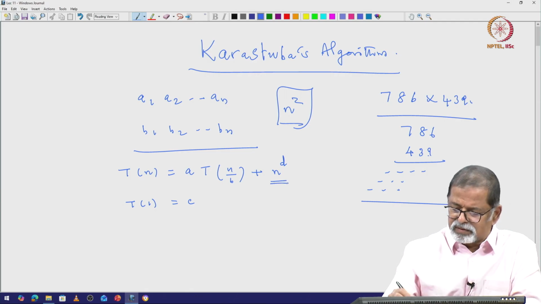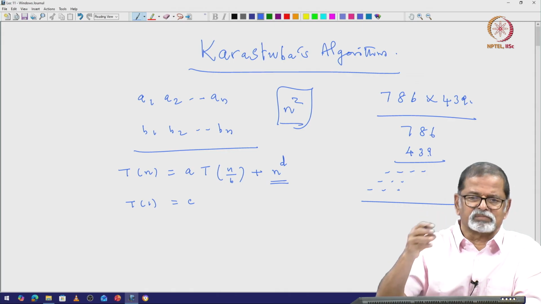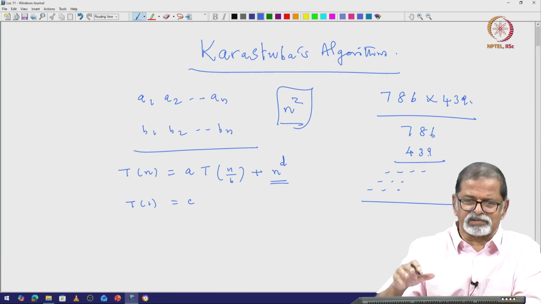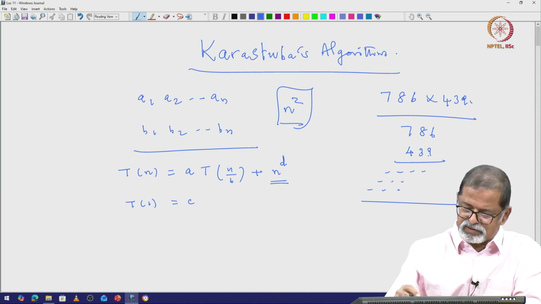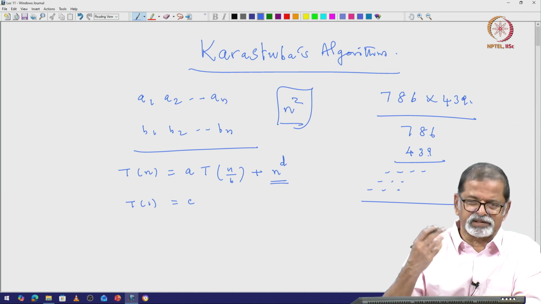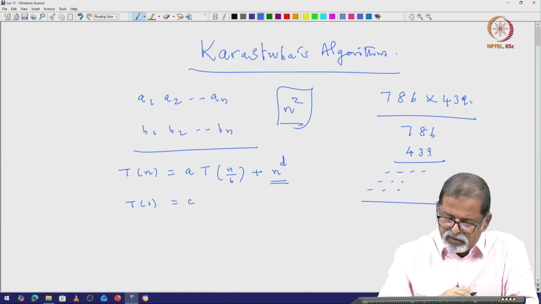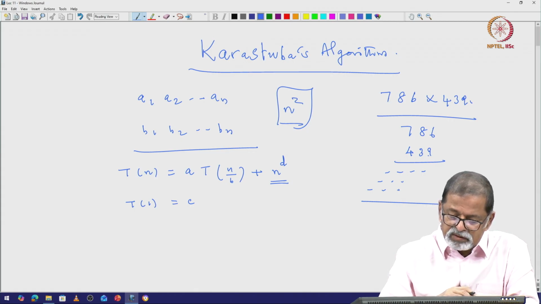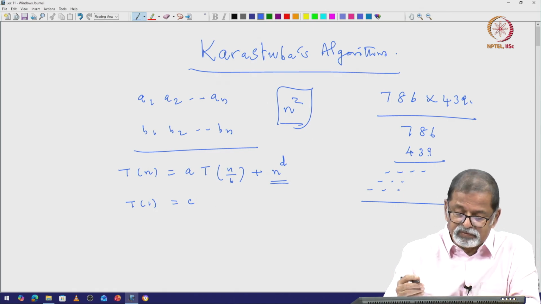Here we may use an upper bound and we may use some constant there. Just to avoid the clutter on the screen, I am using only n power d. You could have used some constant C there and another C dash here, and they are not necessary. This kind of recurrence can be solved conveniently when n is a power of b.